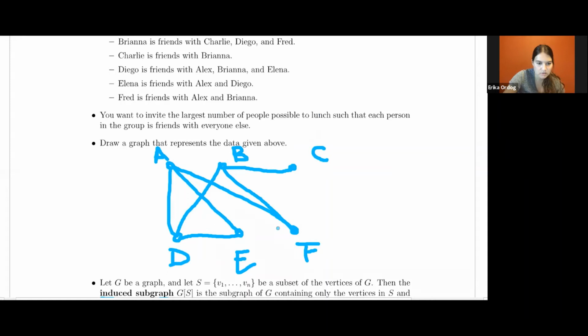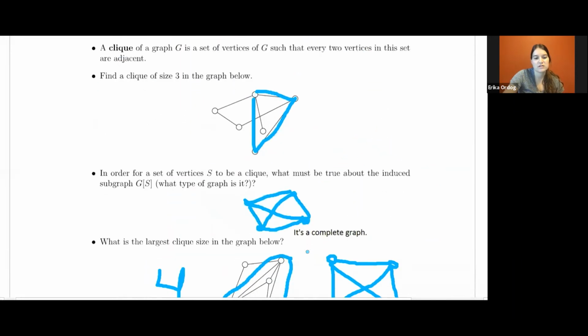So why don't you pause and figure that out? Okay, so now that you're back, we don't have a group of vertices whose induced subgraph is K4, the complete graph on 4 vertices, but we do have a triangle here. That's a clique of size 3. So our clique number is 3.